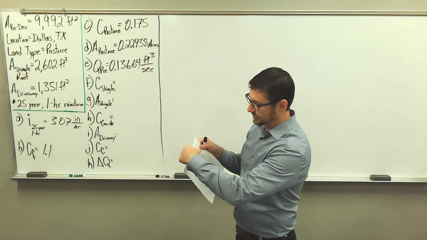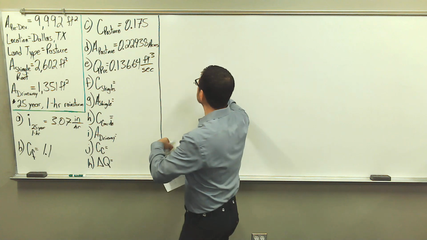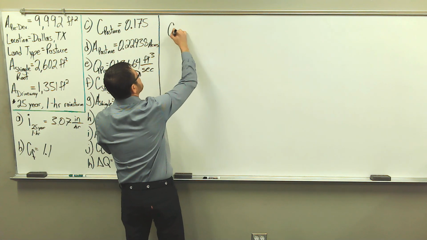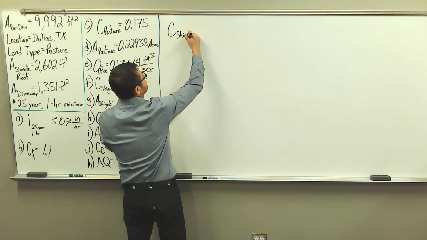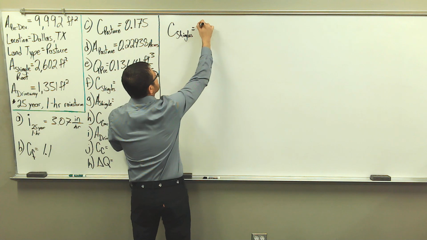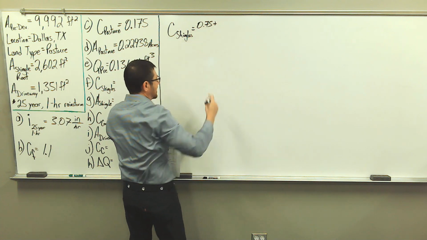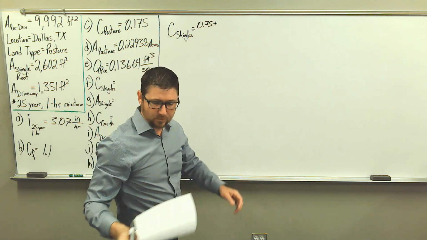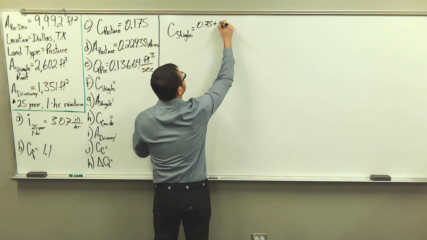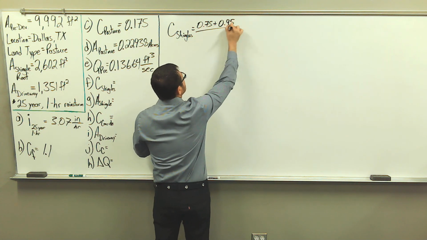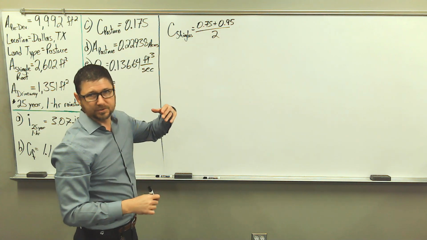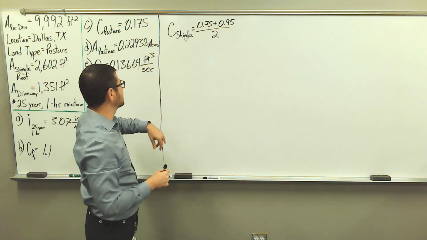Our lowest value is 0.75. So C sub shingles equals 0.75 plus, all right, our value on the high end is 0.95. And we're averaging them, so we're going to add both values, then divide by 2.